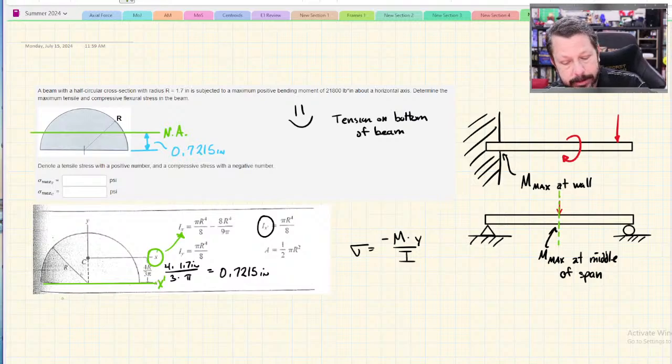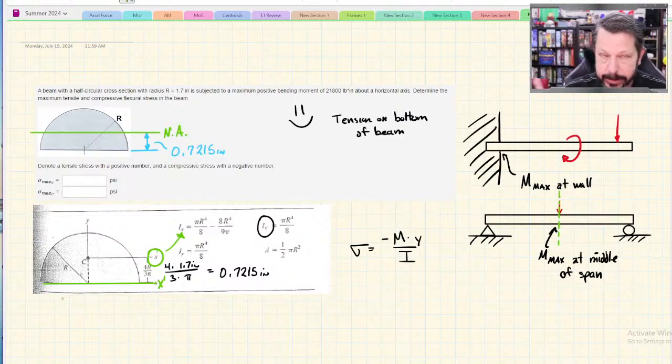The way the pi r to the fourth over 8 equation was generated was by taking this equation and applying the parallel axis theorem to it. So you'd have to undo the parallel axis theorem to get back to the Ix value. All right. So we're going to have to use the more complicated equation. Let's figure that out.